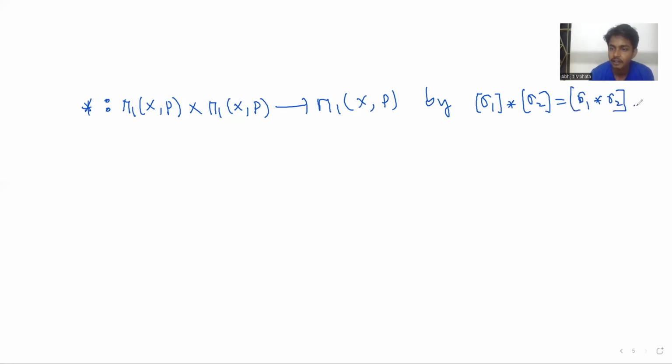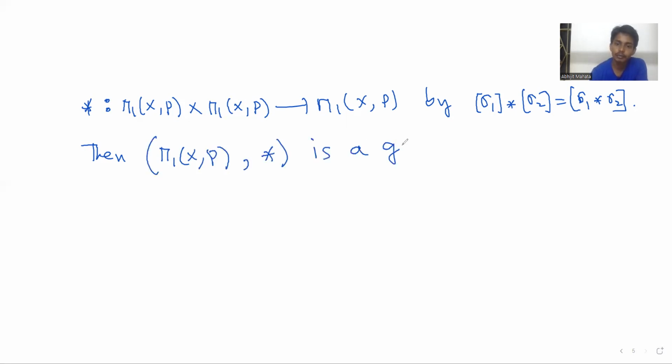So then you know this is a theorem: pi 1 x at p under star is a group. So this was our goal, that we wanted to define a group at the point p. So this is one way we define a group.